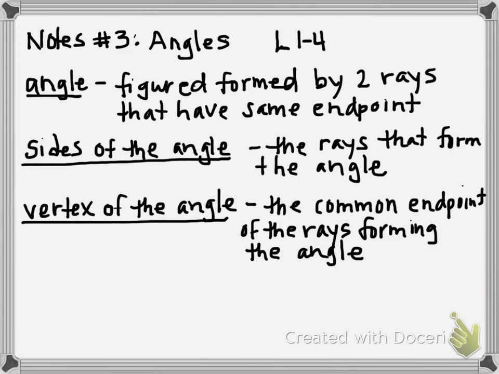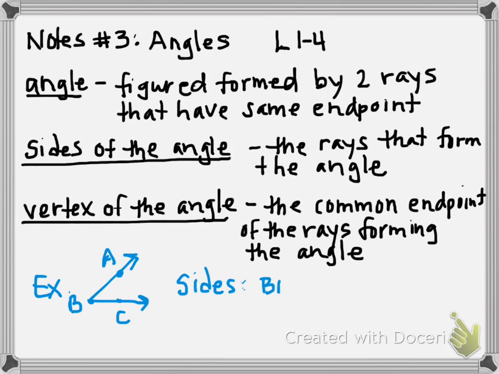So again, what I like to do every time we go through some vocab is illustrate it. So let's go ahead and draw a picture. We'll do that in a different color. Okay, so the sides of this angle would be ray BA and ray BC.